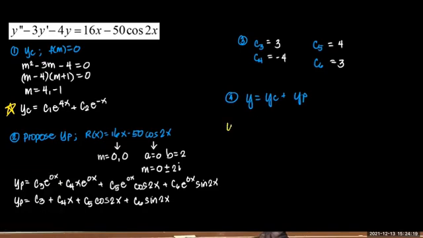Therefore, the final answer would, let's look at the complementary with the star. C1 e to the 4x plus C2 e to the negative x. And then there's the particular solution at the bottom. Plus 3 minus 4x plus 4 cosine of 2x plus 3 sine of 2x. That is your solution.